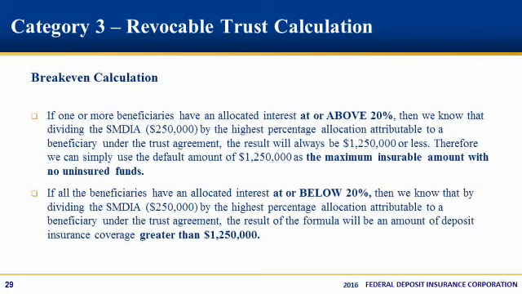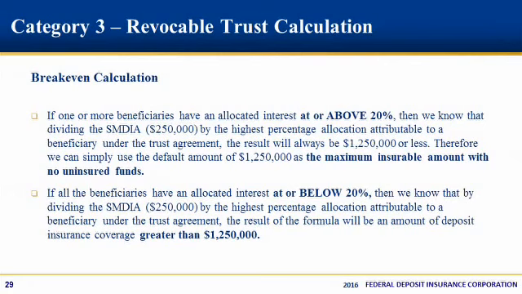The shortcut is, if in looking at all of the beneficiary allocations, you determine that one or more beneficiaries have an allocated interest at or above 20%, then we know that by dividing the SMDIA of $250,000 by the highest percentage allocation attributable to a beneficiary under the trust agreement, the calculation will always give us a result of $1,250,000 or less.